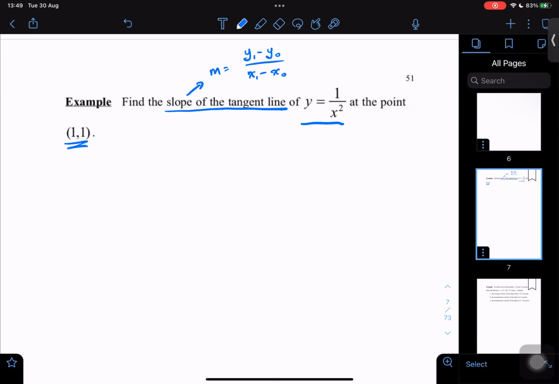You're familiar with this one? Okay, the slope is this one. But if they ask about the slope of the tangent line, this thing is the derivative. So they ask you the derivative at x equal to 1. Find the slope of the tangent line.